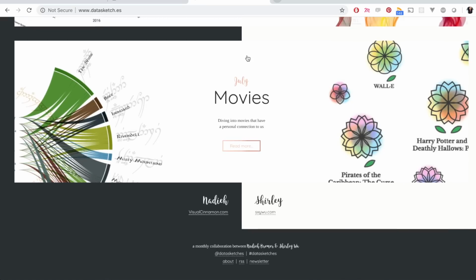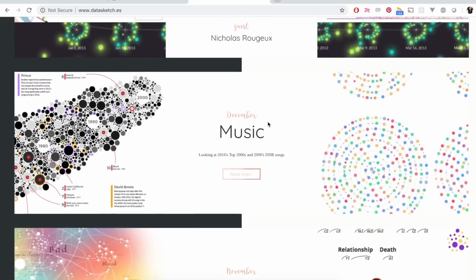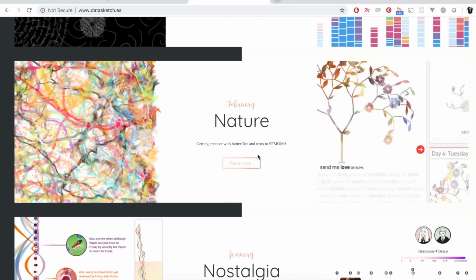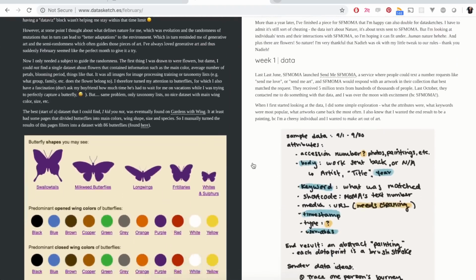Oh, this is so cool. So we have a topic, and then we go out and find a data set for that topic, and then we do the whole visualization from start to finish, and we do write-ups about the whole process. So you can read the whole technical side, like how we went and got the data.